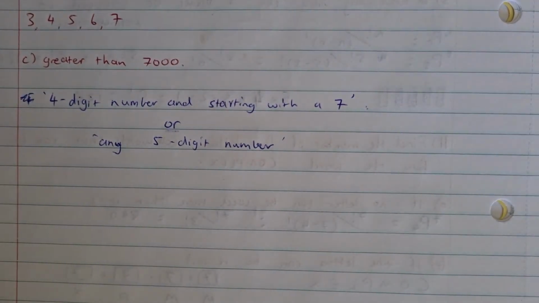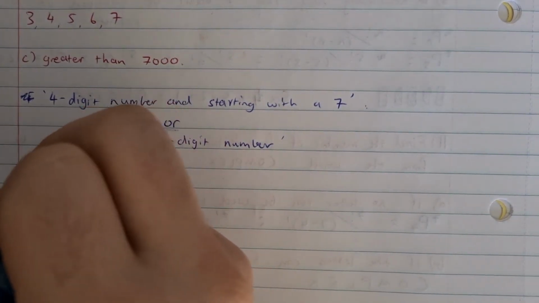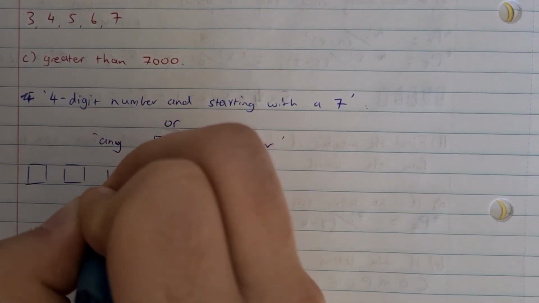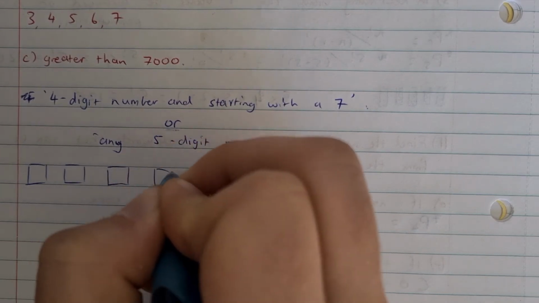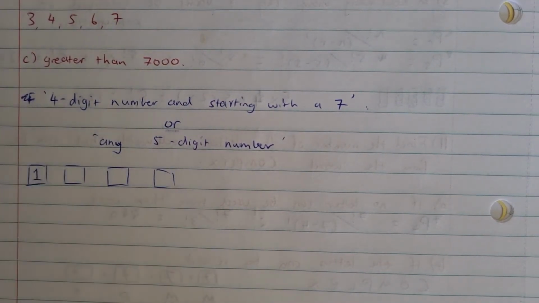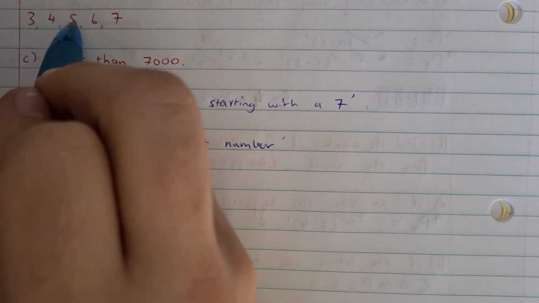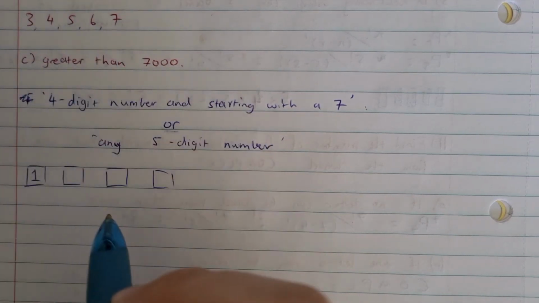So let's focus on the first one. So if it's starting with a 7, remember we've got a 4-digit number and it starts with a 7. So if this has to be a 7, there's only one option for that first digit. So you can imagine we've got 1, 2, 3, 4, 5 different numbers.